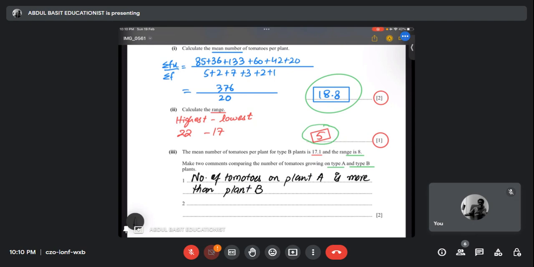Okay, the second is of the range. We can see that there is less variety in plant A, but the variety in the range in plant B is much more than that.